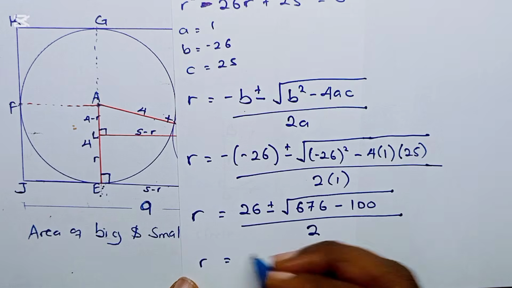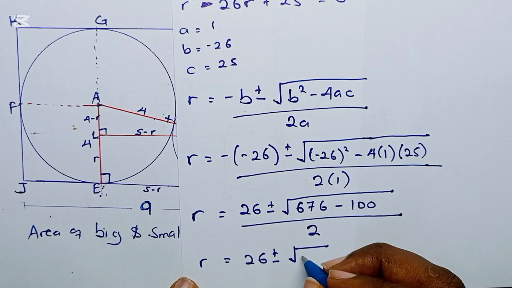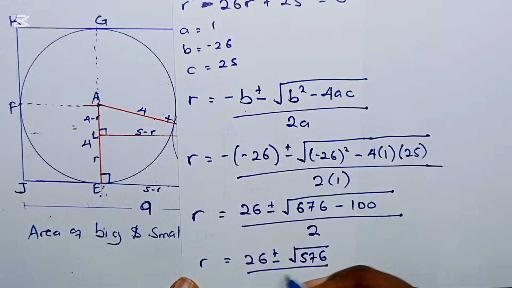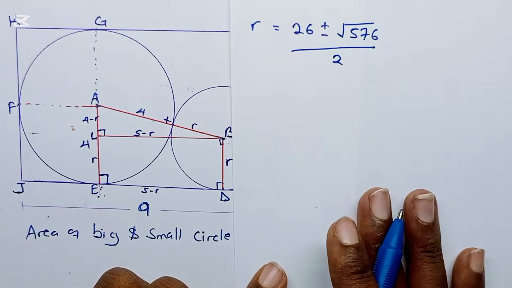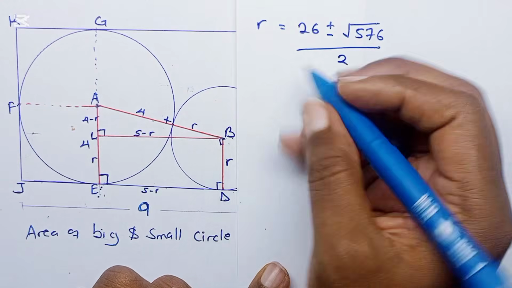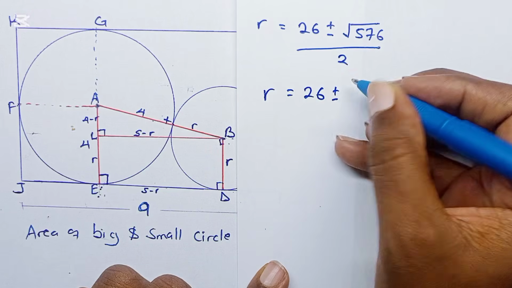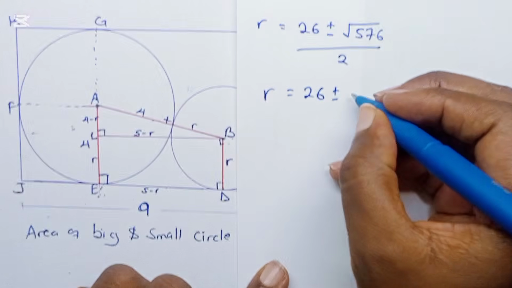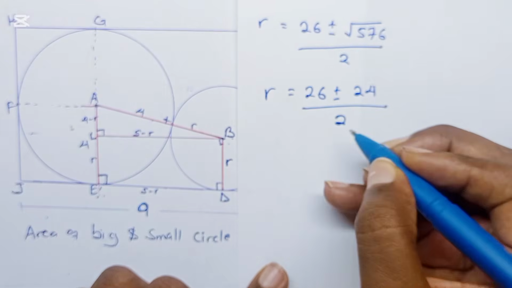So R is equal to 26 plus or minus root of 576 over 2. So we shall have R being equal to 26 plus or minus square root of 576 is 24. Okay, so this over 2.